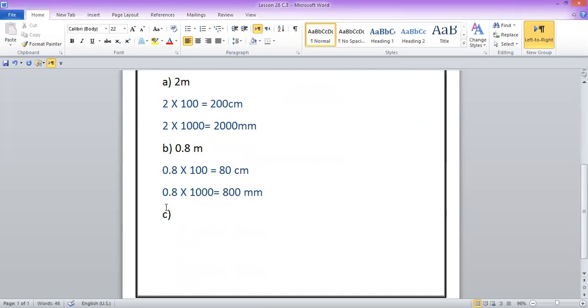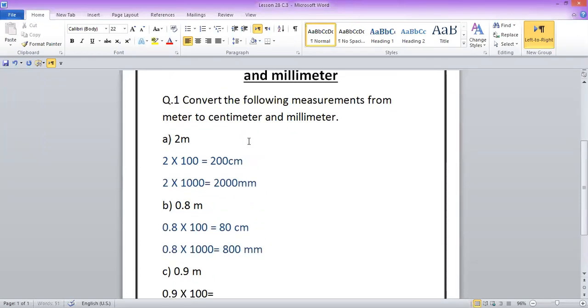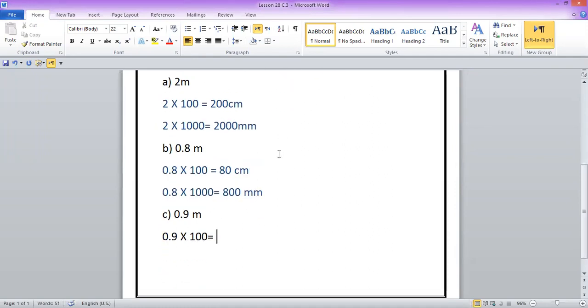See, 0.9 meter. 0.9 multiplied by 100. Remember the question, guys. Question is convert the following measurements from meter to centimeter and millimeter.